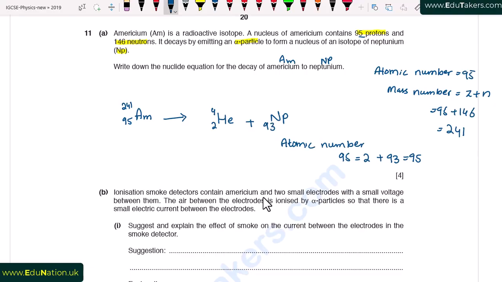Now I am going to check the mass number. On left hand side it is 241 and on right hand side it is 4. So I add 237, then it becomes 241. I write here 237. So it is a complete nuclide equation for this decay.